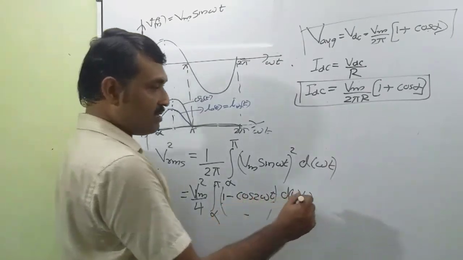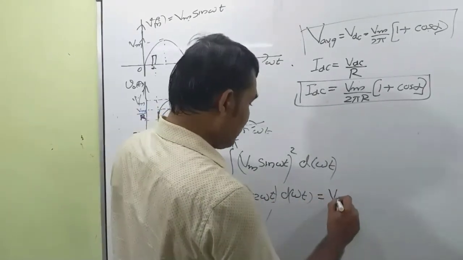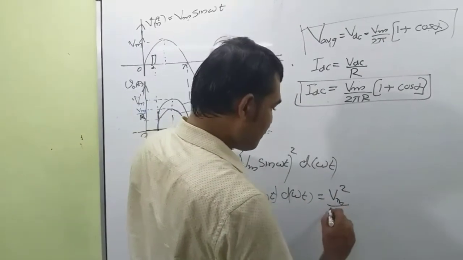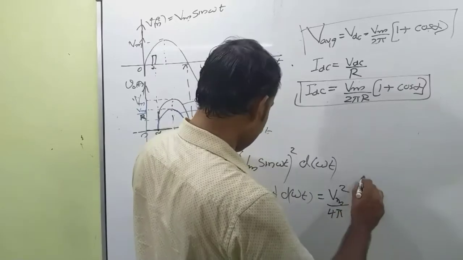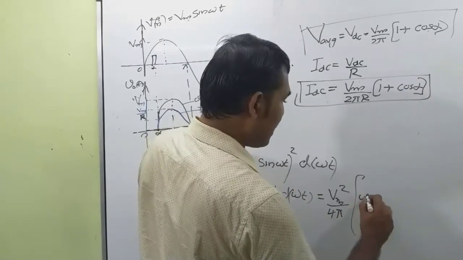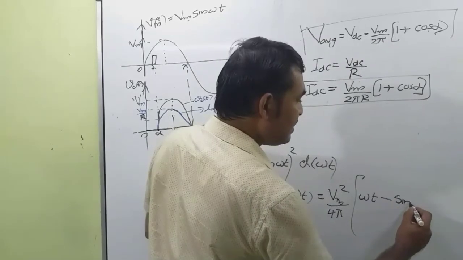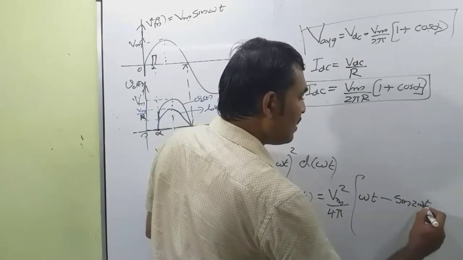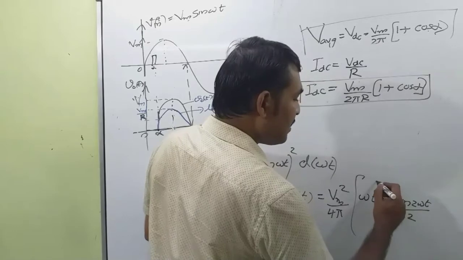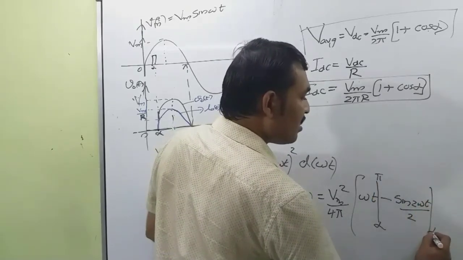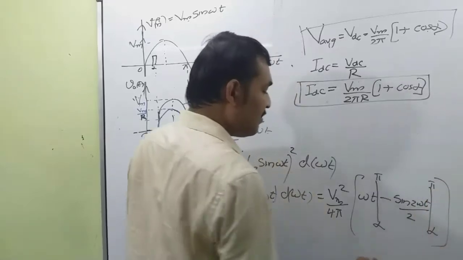Now integrate this. So this is equal to Vm square by 4 pi into the integral of 1, that is omega t, minus the integral of cos 2 omega t, that is sin 2 omega t divided by 2. The limit of integration is from alpha to pi. Now apply the limit of integration.